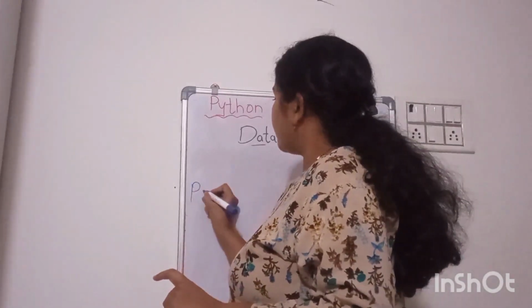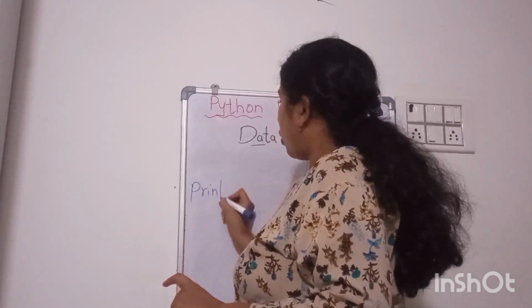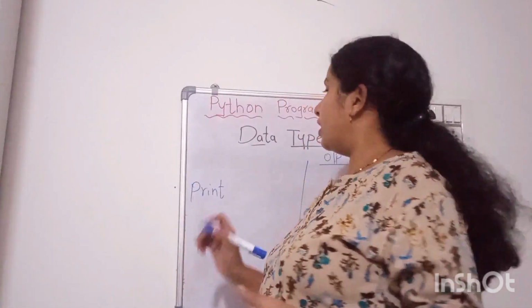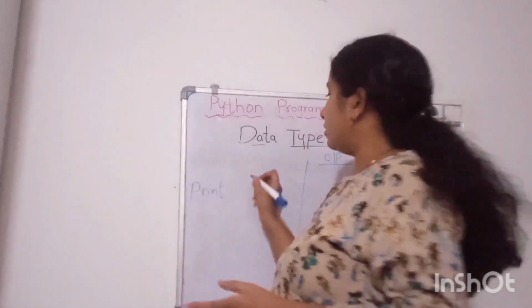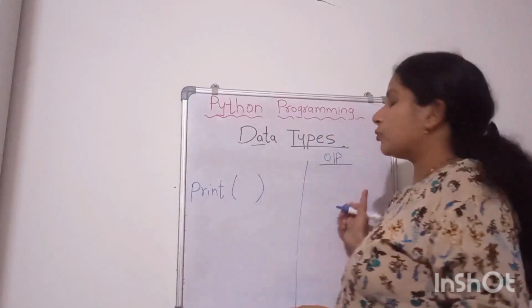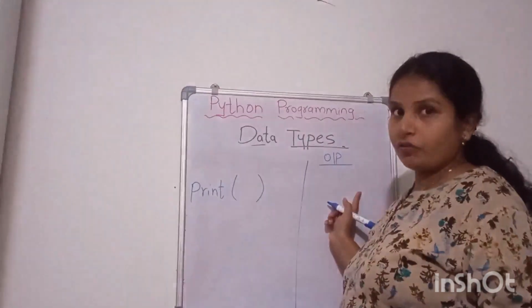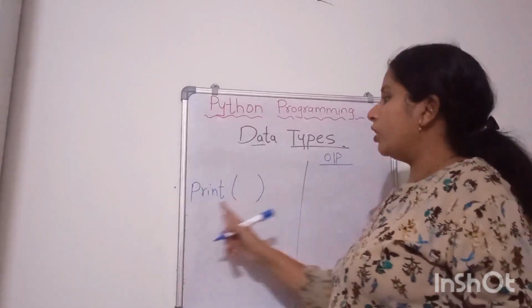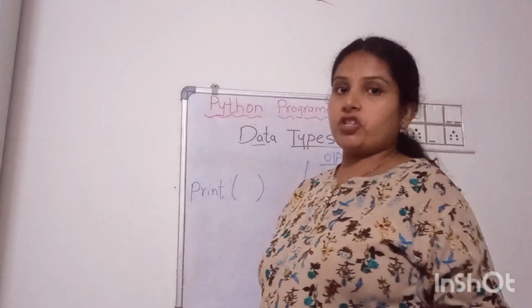Print is a Python built-in, or previously defined, function. Whatever we write in the brackets of this print function will be displayed directly in the output window. So to display your result, you have to use the print function.